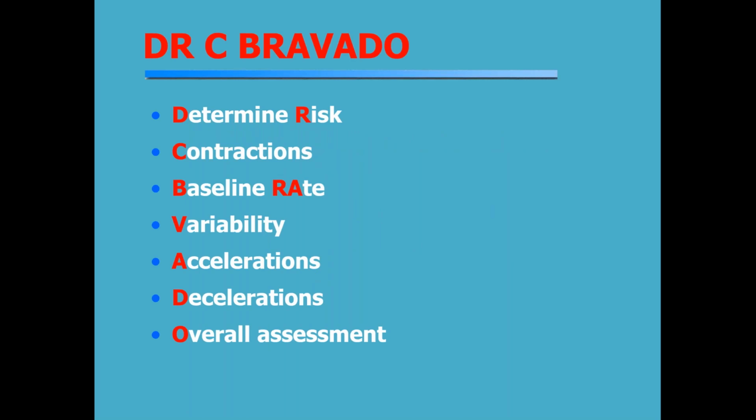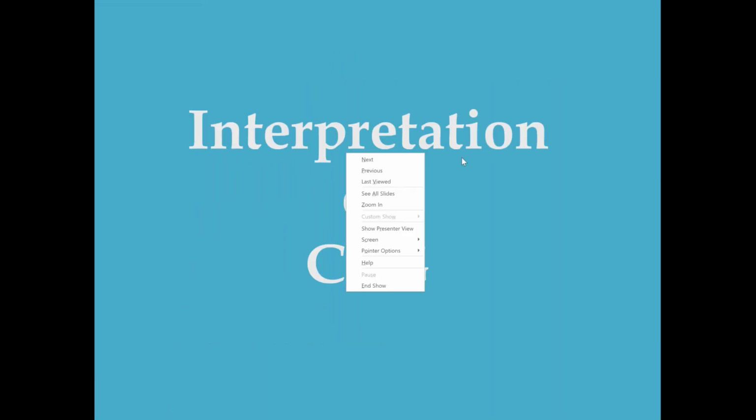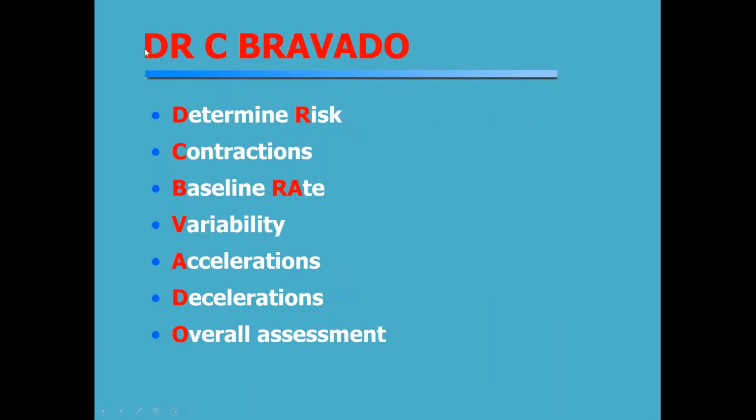DR is to determine the risk: you should determine if the patient is high risk or low risk. C is for contraction: you should read the rate, frequency and duration of contractions. BRa is the baseline rate assessment, then variability, beat-to-beat variability, then whether there is acceleration or deceleration, and after that the overall assessment. This is an important part of the NICE guideline.